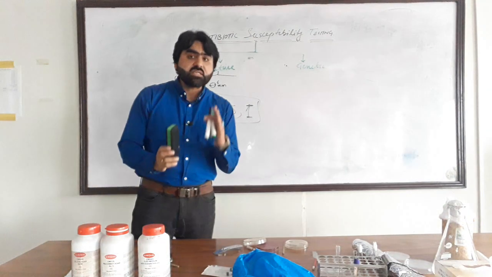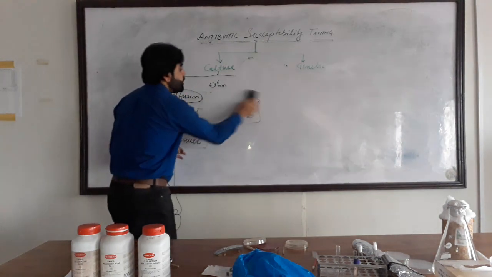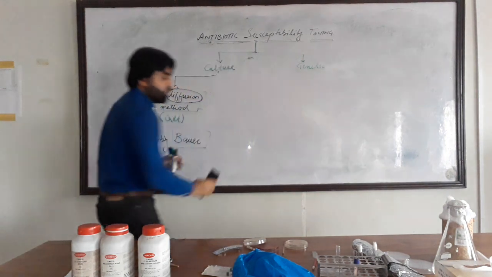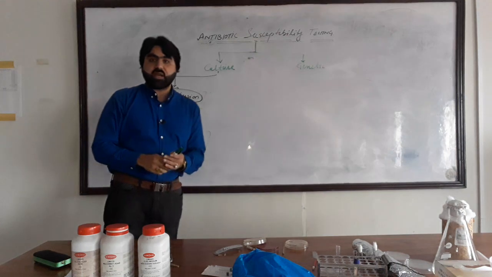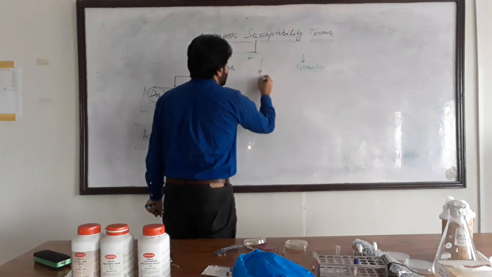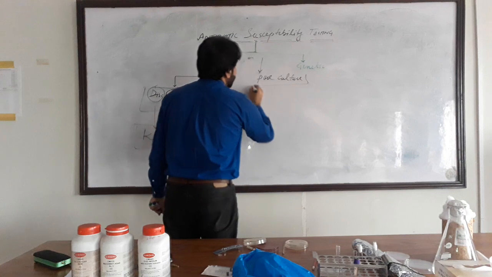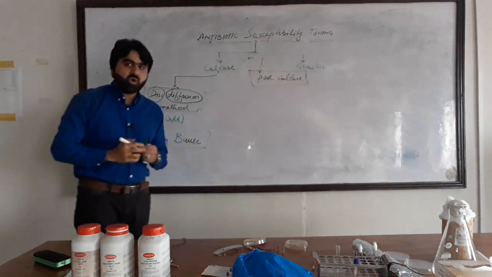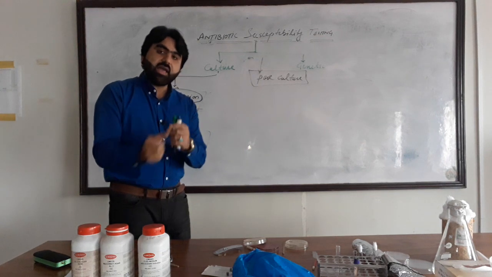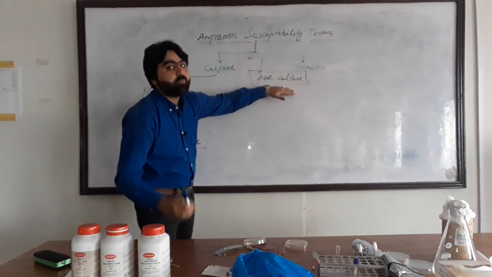Now, what are the steps, or how can we perform this diffusion method on the laboratory bench? Because it is a commonly used method, I would like to tell you the procedure of antibiotic susceptibility testing. First of all, we need a pure culture or pure growth of a pathogen or any test bacteria, because in this method we want to test bacteria against a panel of antibiotics.